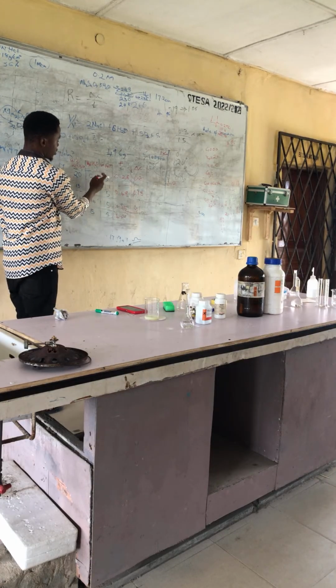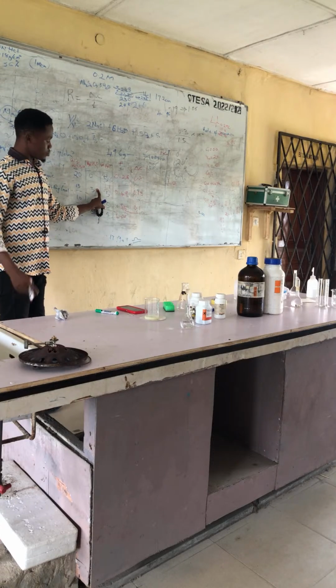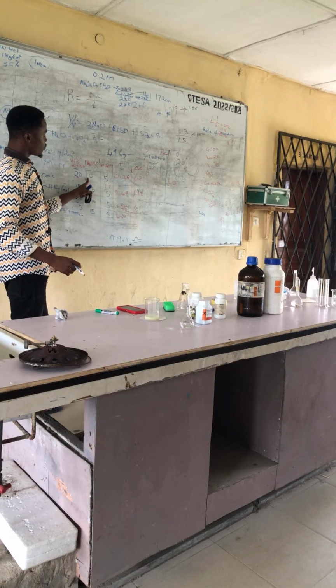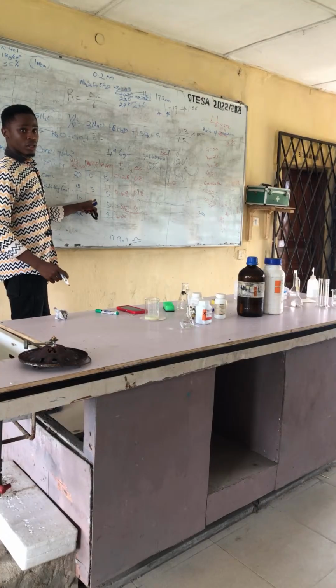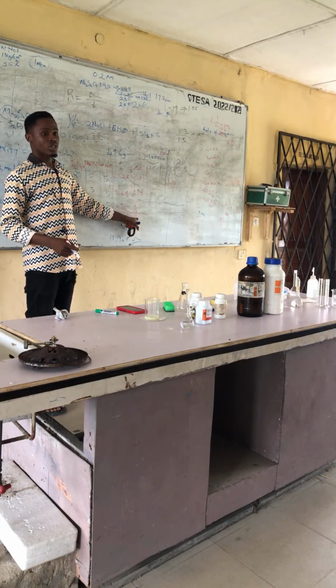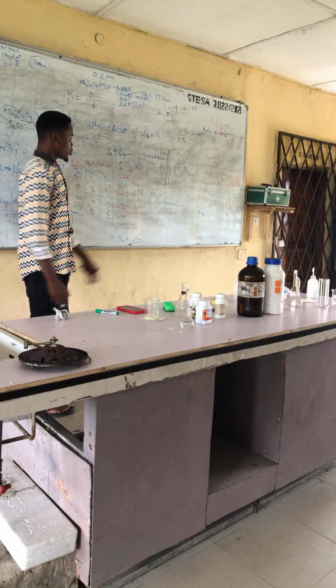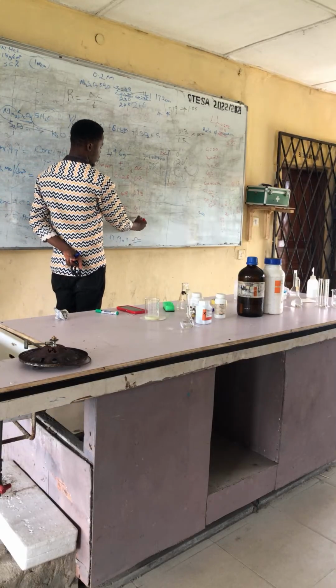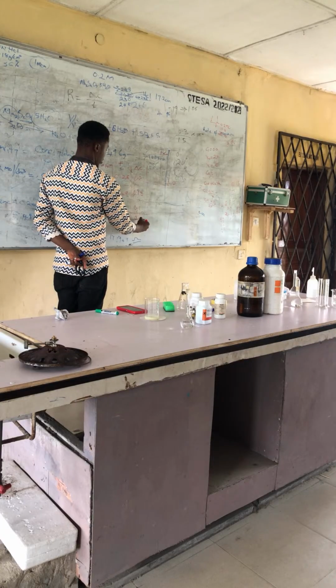Once you have added water to each of these, it dilutes the concentration of the acid to give us different concentrations, like 0.1. So this one, you will do what? 0.05.